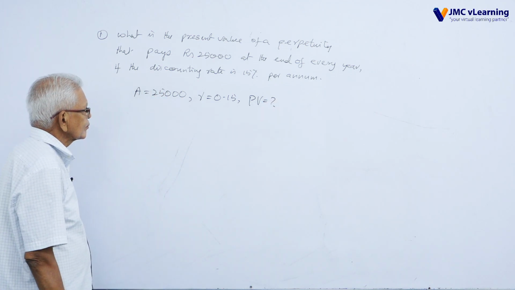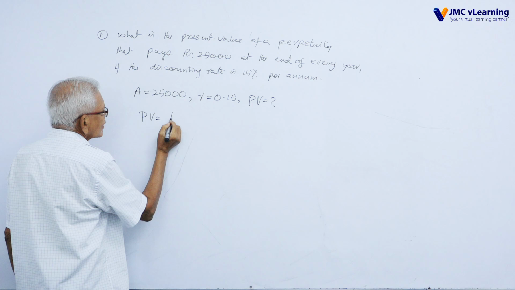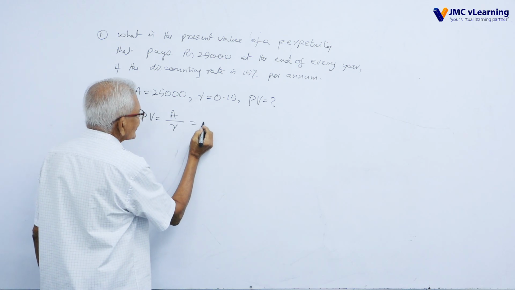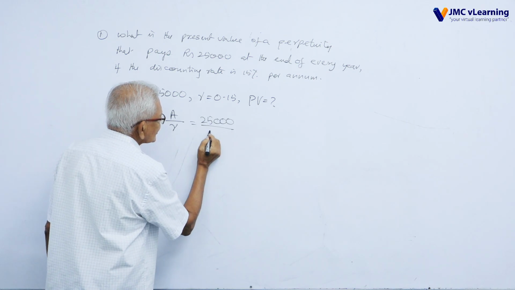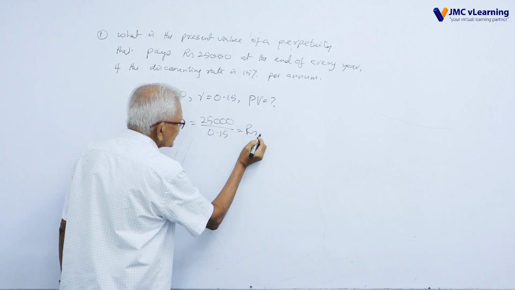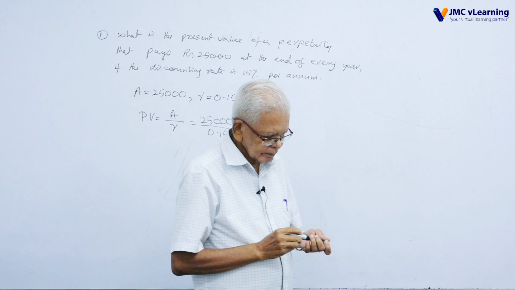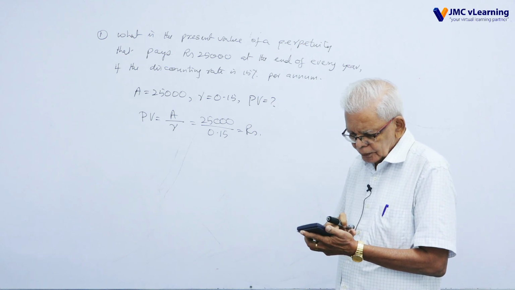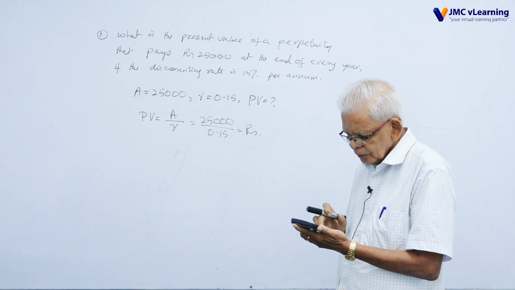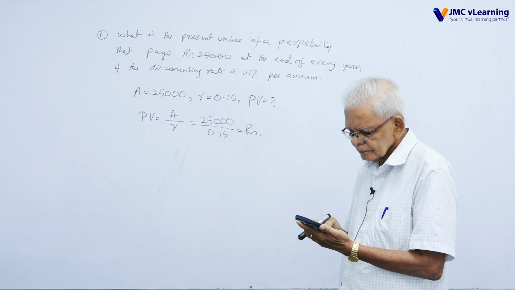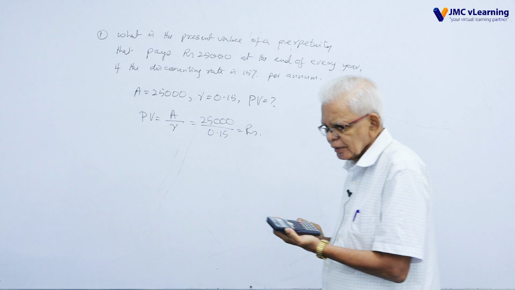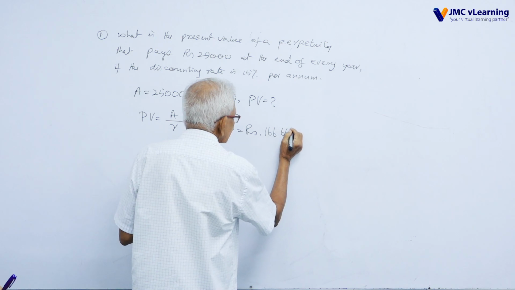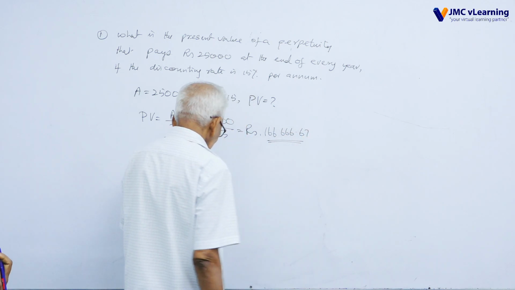It is a perpetuity, so PV equals A over R or P over R. If you take P equal 25,000 over 0.15 equals rupees, that's very easy. 25,000 over 0.15. Answer is 166,666 and 67 cents.